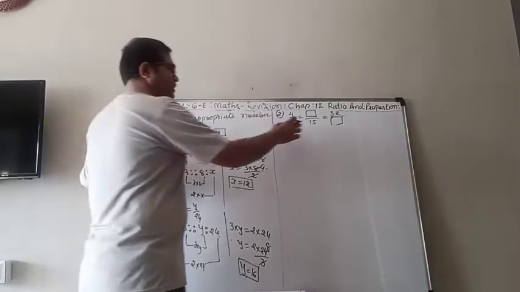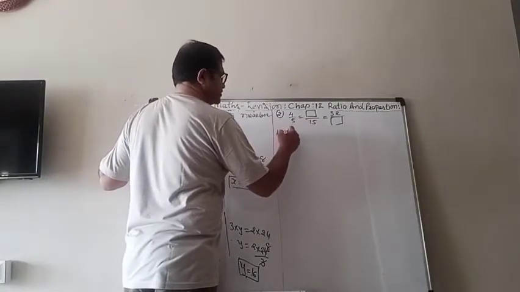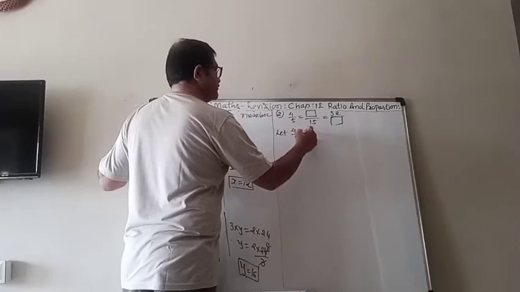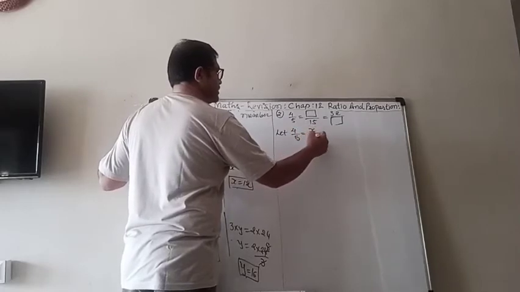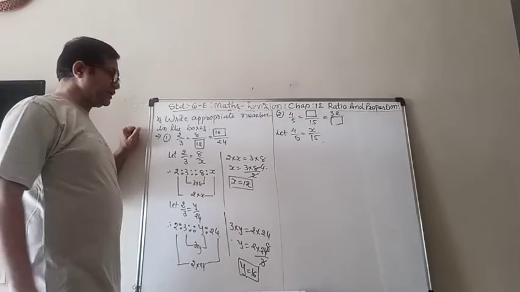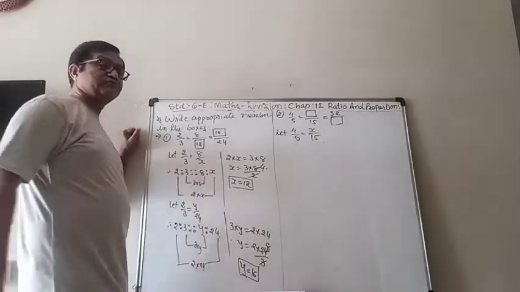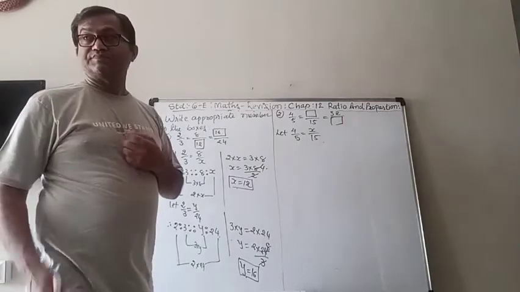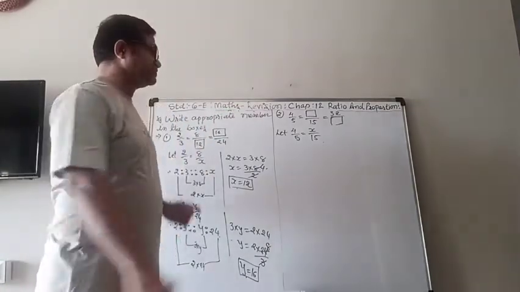So first we will take the first and second ratio. Let 4 upon 5 is equal to x upon 15. Let me tell you one thing, if you don't want to do it like that, we have another way also of cross multiplication.